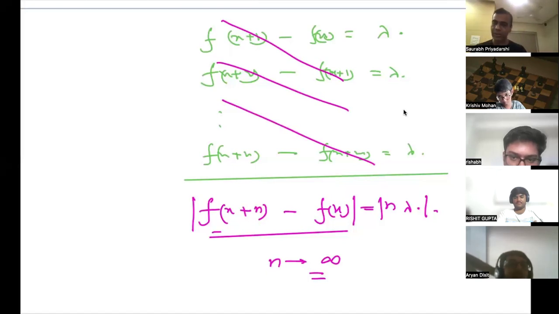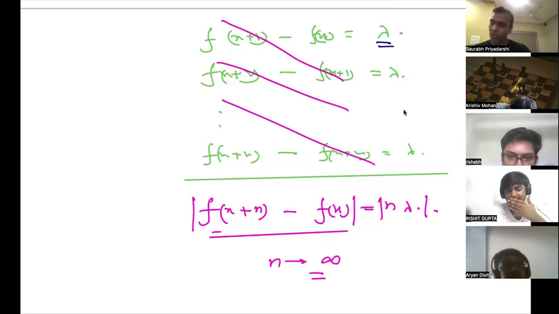It was given that we have taken lambda, and we have to prove lambda is equal to 0. Yeah. So what I'm saying is, if n is very, very large, then for any value of lambda, any smallest value of lambda, this value will be very large and tend to infinity.